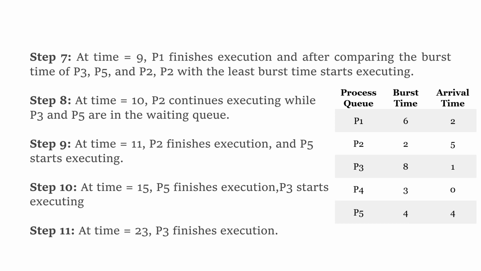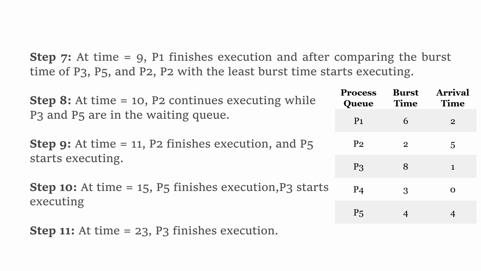P1 has 6 units of burst time, so it completes only at time 9. Then after comparing the processes based on their burst time, P2 has the least burst time of 2, so it starts executing. Then at time 10, P2 continues executing while P3 and P5 are in the waiting queue.